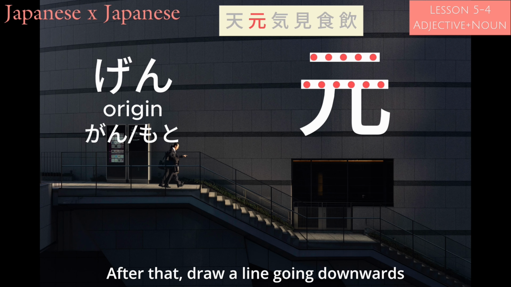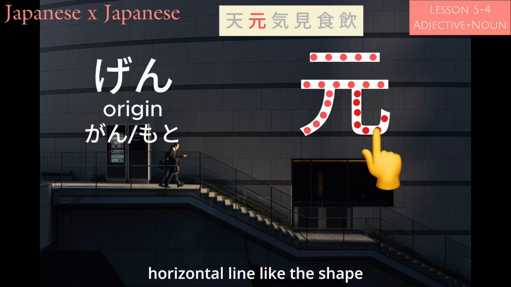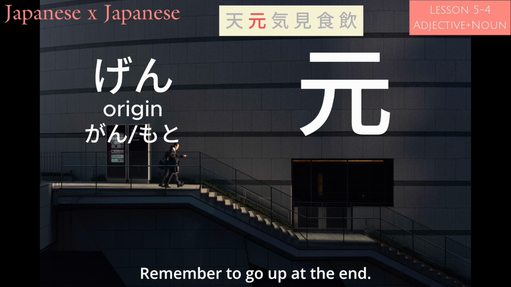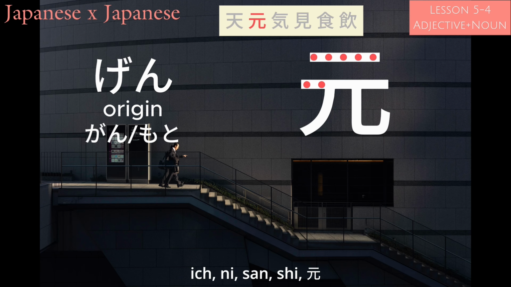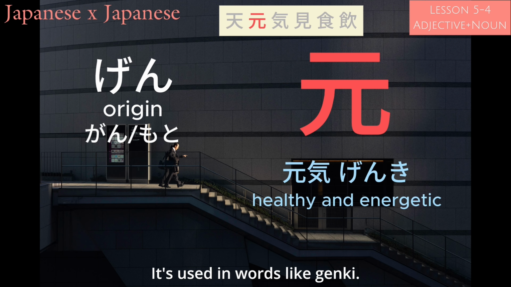After that, draw a line going downward from the bottom horizontal line, like the shape of katakana ru. Remember to go up at the end. Let's do it again. 1, 2, 3, 4. Gen. It's used in words like genki.